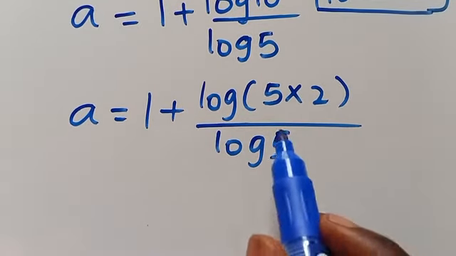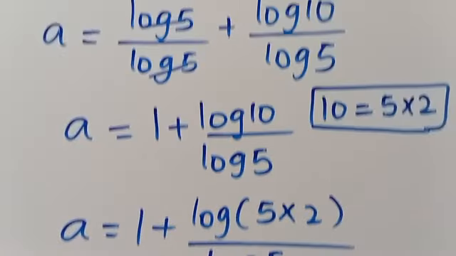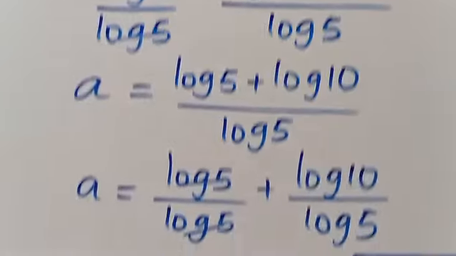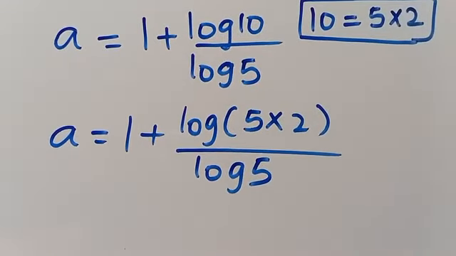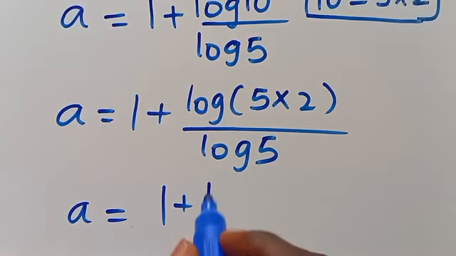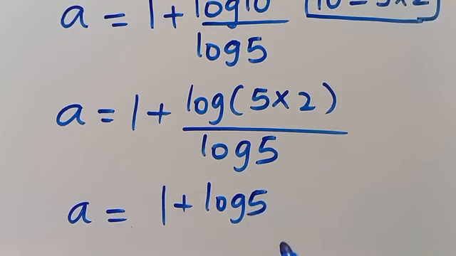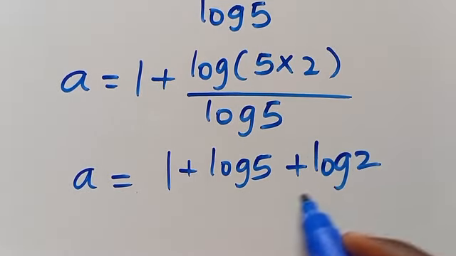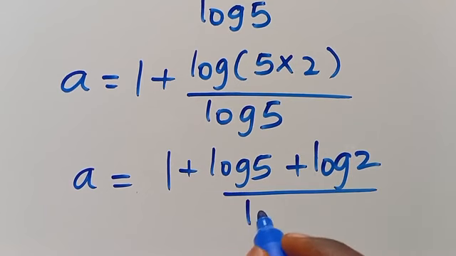Then we have to apply the product rule from here. So we have a equals 1 plus log 5 plus log 2 divided by log 5.